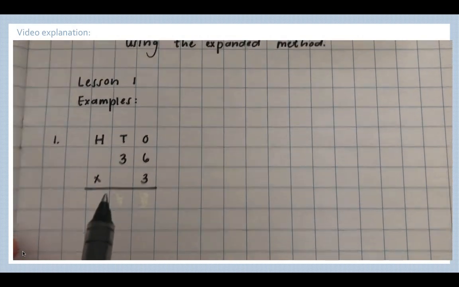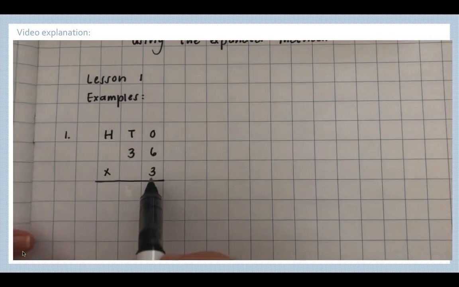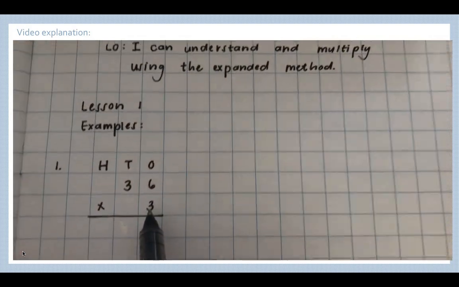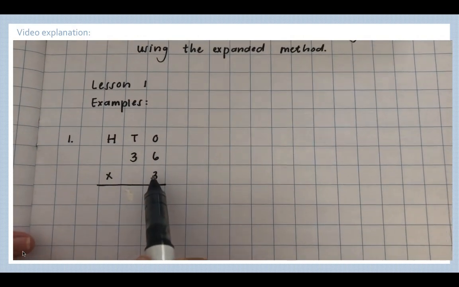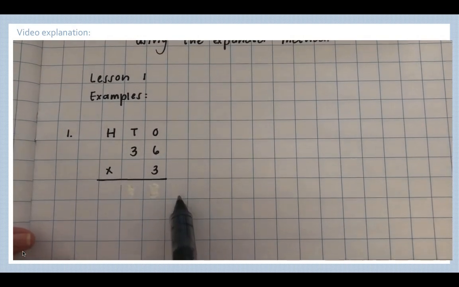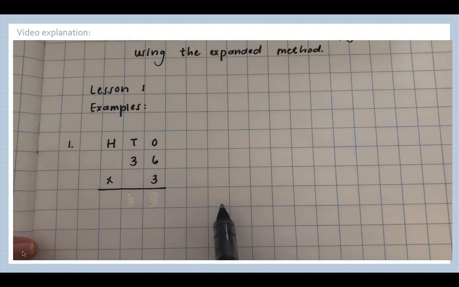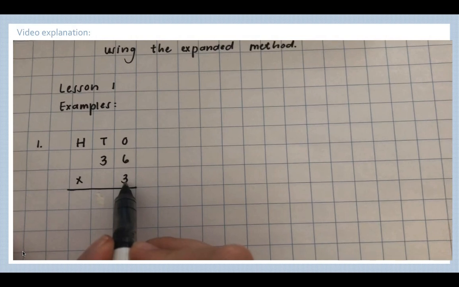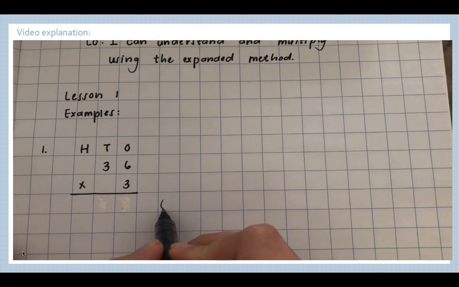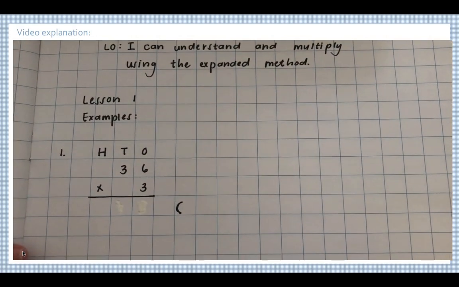So the second step that I'm going to show you is where you multiply your ones by your ones unit. We're going to do this by first writing it down here, as this is one of the steps of expanded method. These are the brackets that I'm talking about, guys.